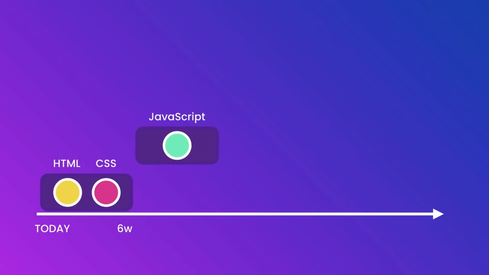I have a separate series for learning JavaScript, so after finishing this series, you may want to enroll in that series. I would say learning JavaScript would probably take another 6 weeks of your time. You get a reasonable understanding of it, and you learn more as you work on different projects. So the first 3 months is all about the fundamentals.